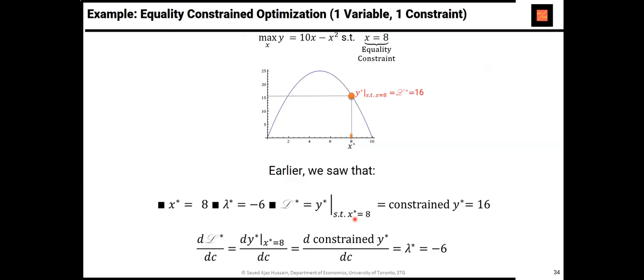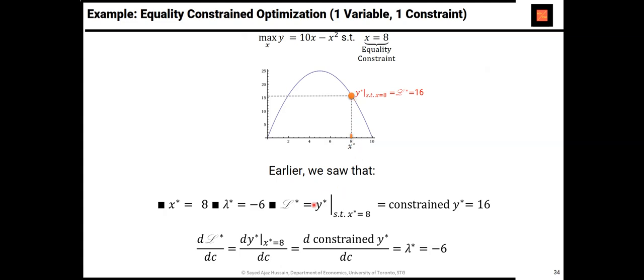So one more time, just to drive the point home, you have solved this problem. You knew x star was equal to 8, and you know that y star at this point is equal to 16. You wonder if you were to increase the capacity constraint a teeny tiny bit, instead of making x equal to 8, if it was something slightly bigger, what would the change in y star be?